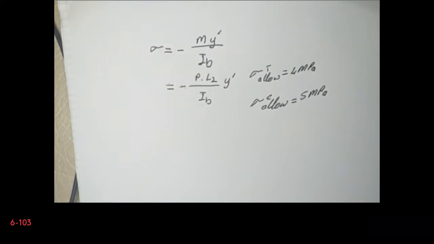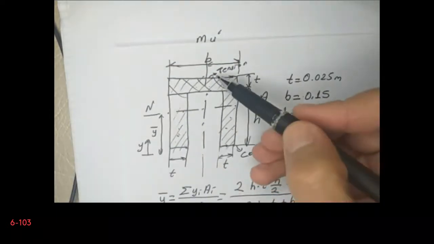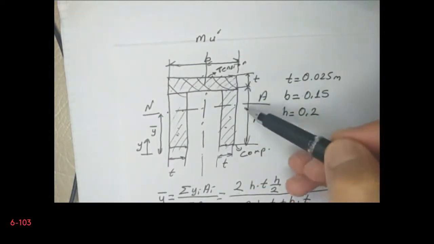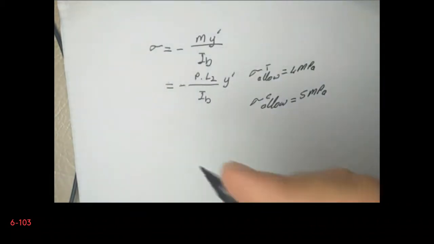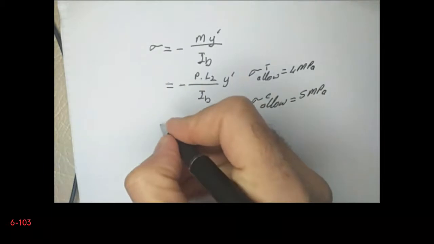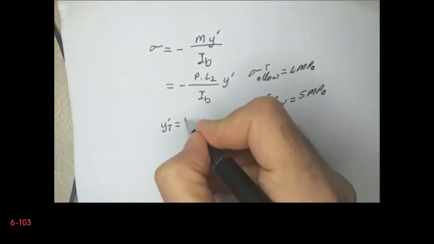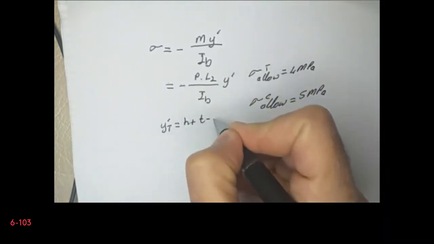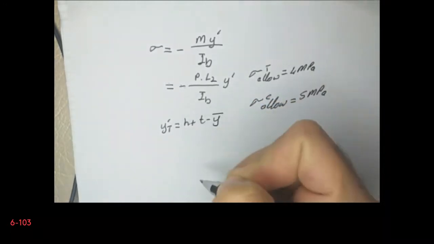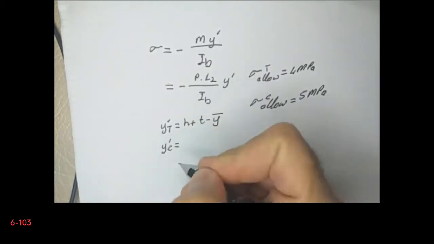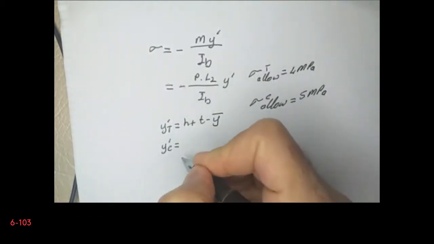So remember that this is the tension. So I will calculate the distance of this point to the centroid. In fact, let's say that Y prime tension is equal to H plus T minus Y bar, and Y prime compression is equal to Y bar directly.